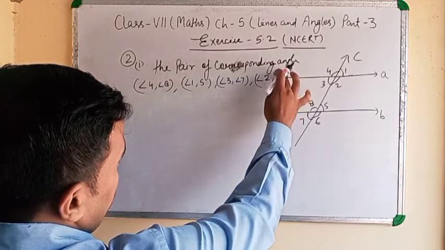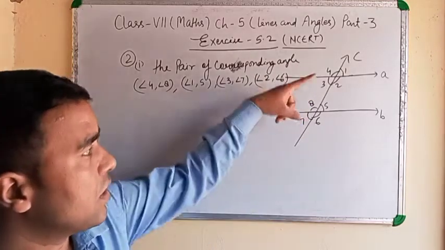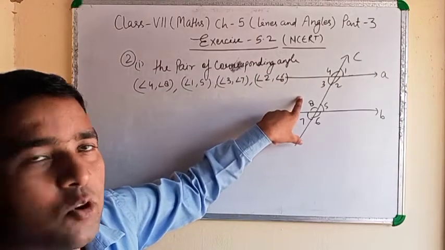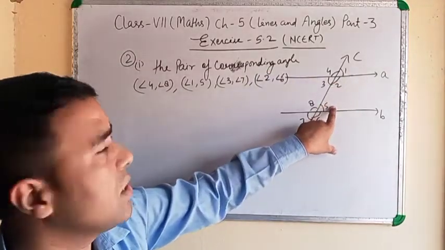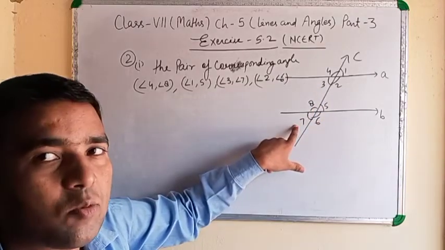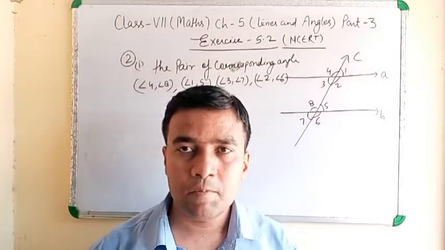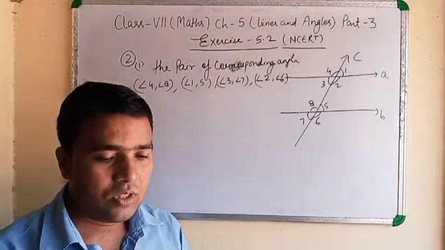Clear? There are 4 pairs. Angle 4 equal to angle 8, it is corresponding angle. Angle 1 equal to angle 5, it is corresponding angle. Angle 3 equal to angle 7, it is corresponding angle. Angle 2 equal to angle 6, it is corresponding angle. Clear? Note down this.